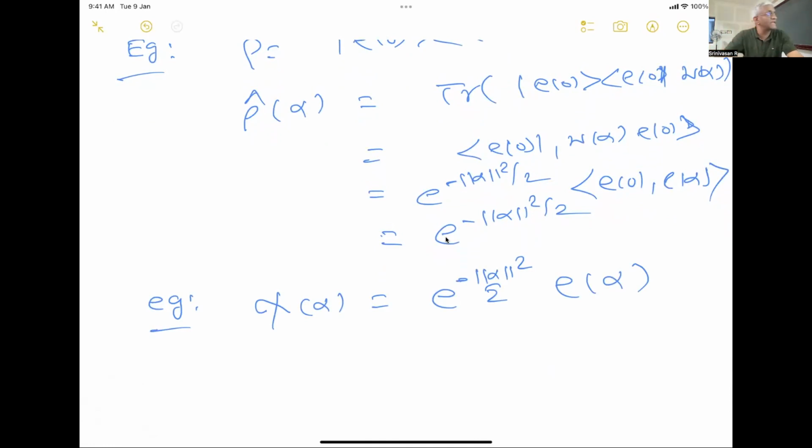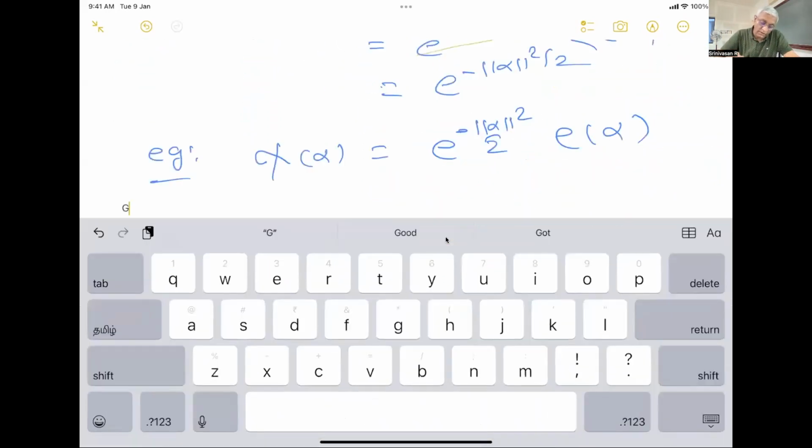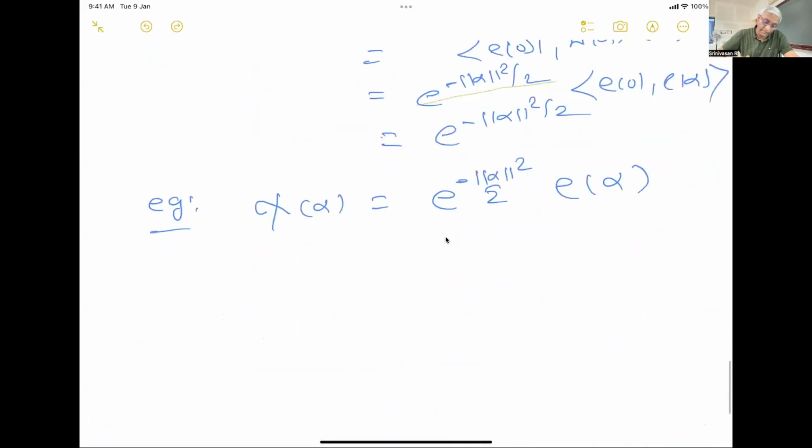You have to multiply by e to the power minus |alpha|^2 by 2 to make it a unit vector. Notice that this is nothing but W(alpha) acting on E(0). Then for chi alpha, you can directly do the calculation with this.